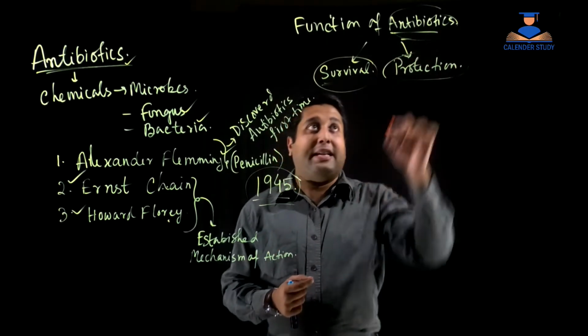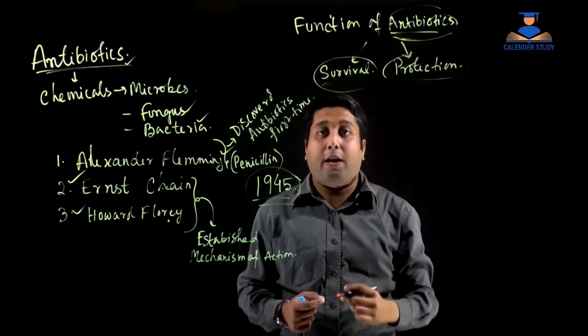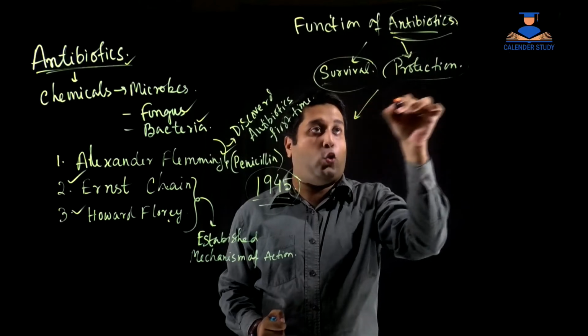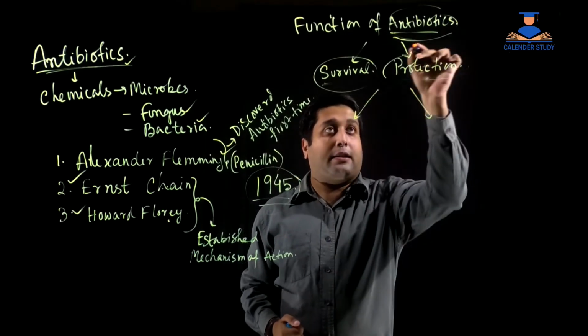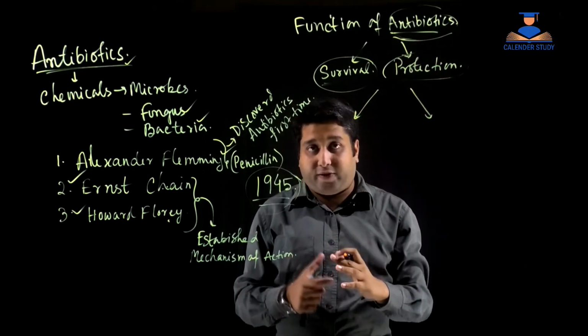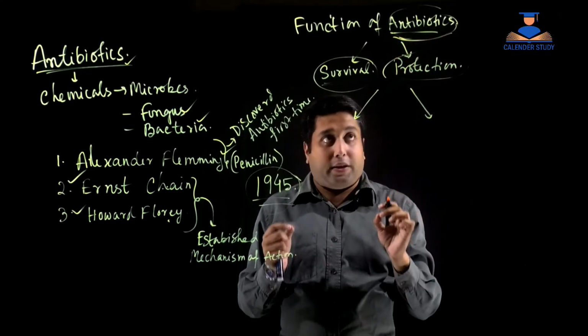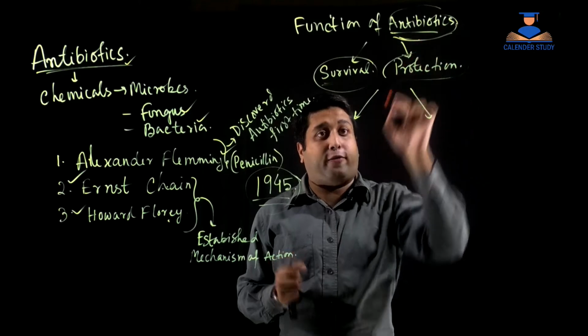Now how do these antibiotics provide protection to these organisms? It is done by two methods, and this is the basis of classification of the antibiotics. There are two major functions.